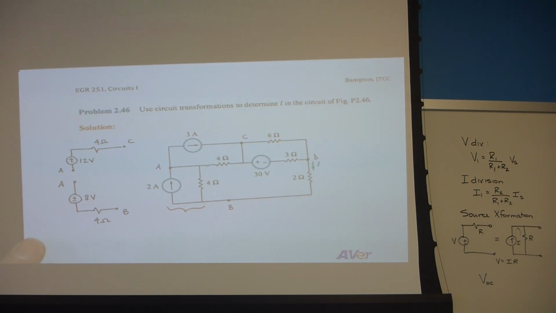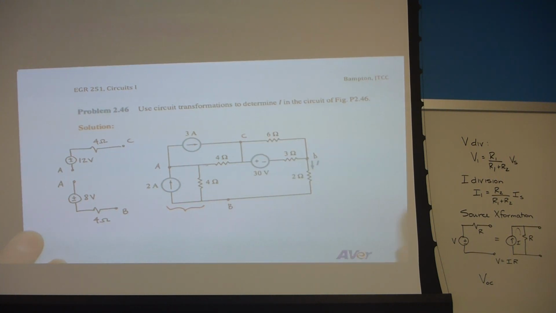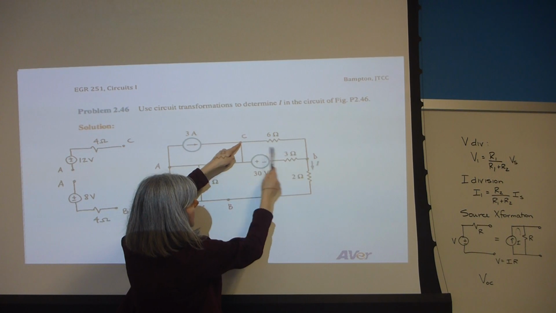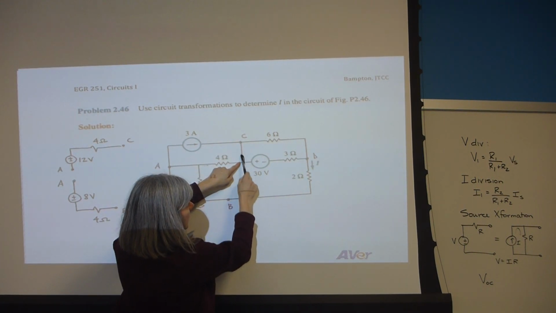So now, A to C is series, A to B is series, B to D is series. So really it's just this corner, this CD corner. So let's take a look at that. If we look between C and D, we see that we have one resistor between C and D. And then remember, this is connected to C also.